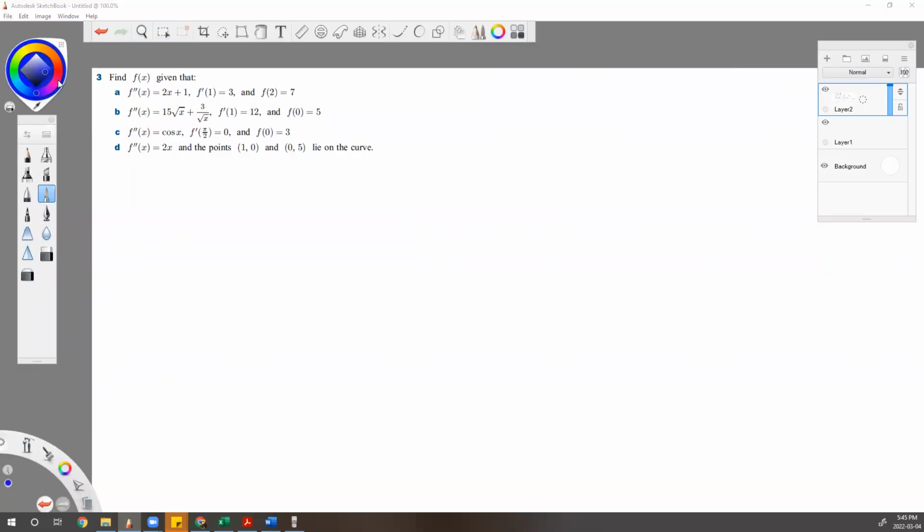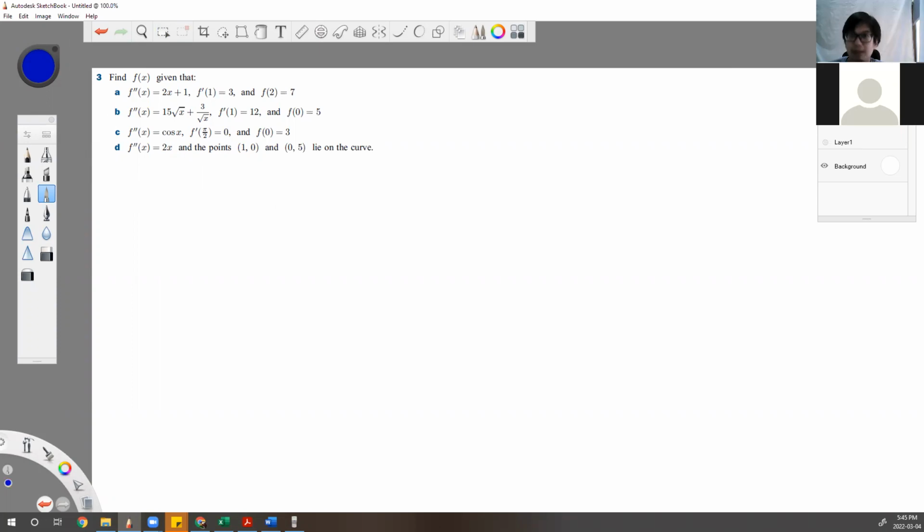So can you please explain to me what you know about number 3? How it has to be done? So first you find the integration of f double prime. Yep. Double accent.